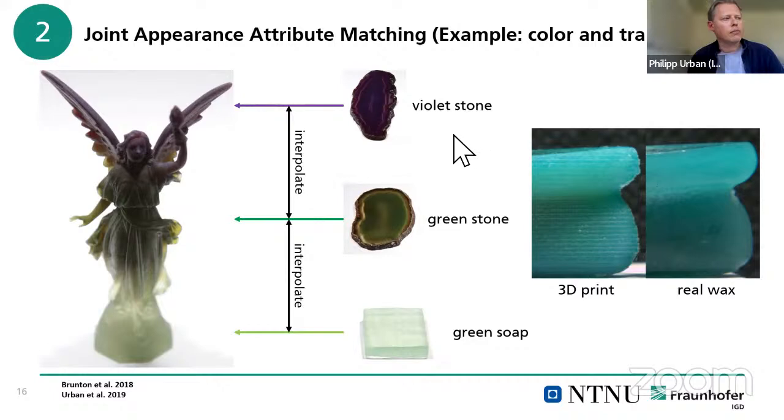We have developed a system where you can measure the color and translucency of real materials, and use this information to reproduce it in 3D printing, so that not only the color is reproduced correctly, but also the translucency.